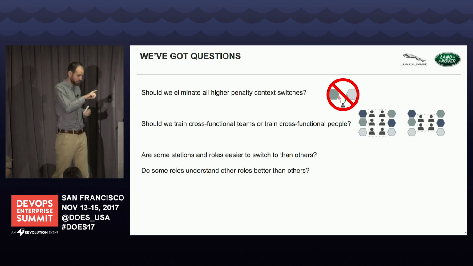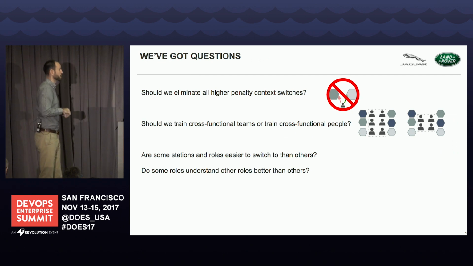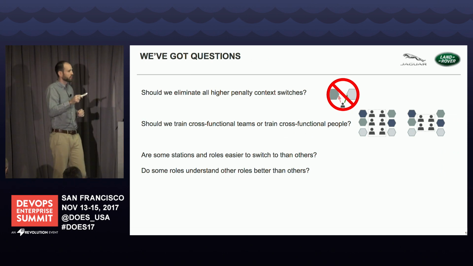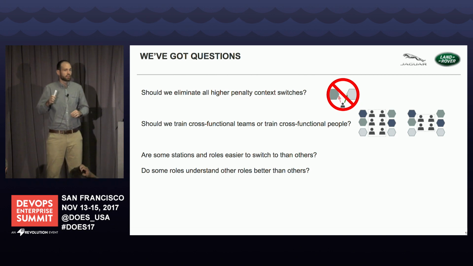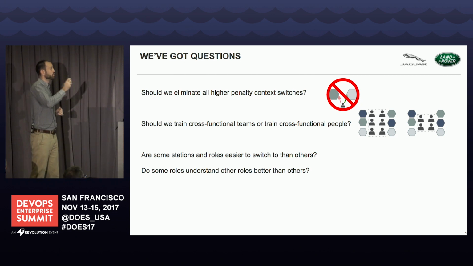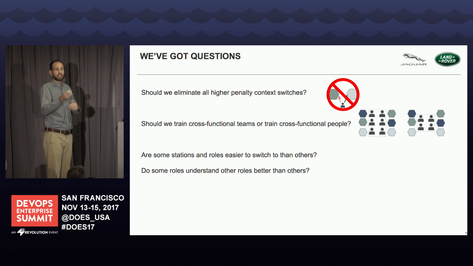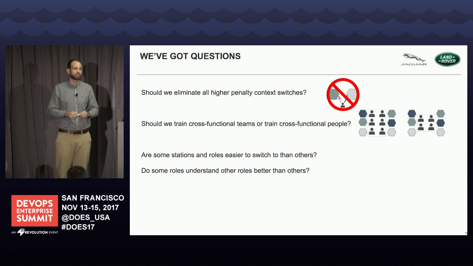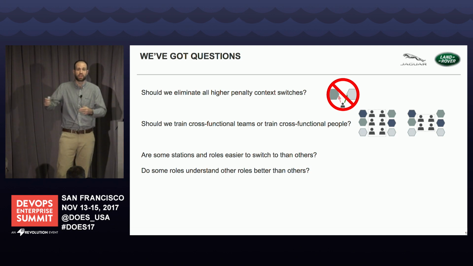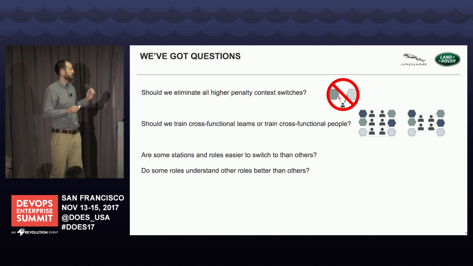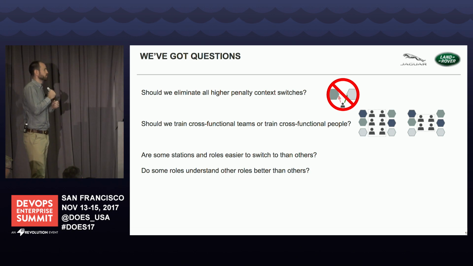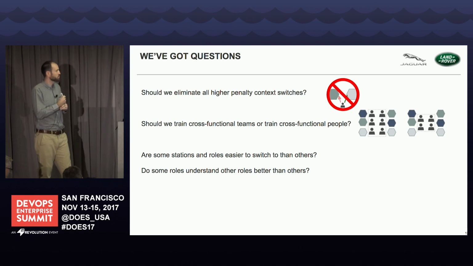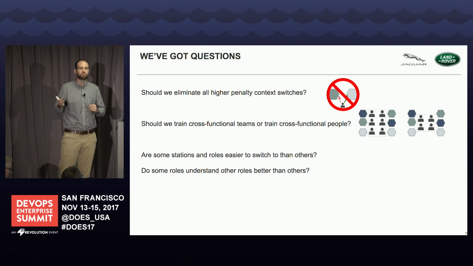So we had a couple of questions based off of those findings on our penalties. Should we eliminate all higher penalty context switches? The answer is it depends. We found that if you can actually sustain the capacity and remain efficient on the different specialties, then you can avoid these higher penalty context switches with capacity in those specializations. My favorite question, should we train cross-functional teams or train cross-functional people?